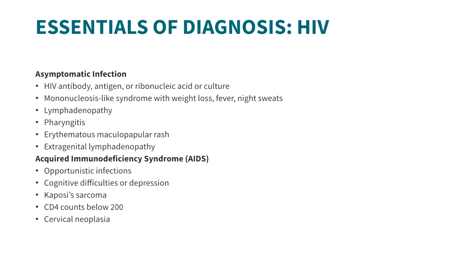Also by Kaposi's sarcoma, and the CD4 count is going to be very low. In the case of a female, it could be cervical neoplasia. Also, HIV and AIDS can be manifested by depression or cognitive difficulties.